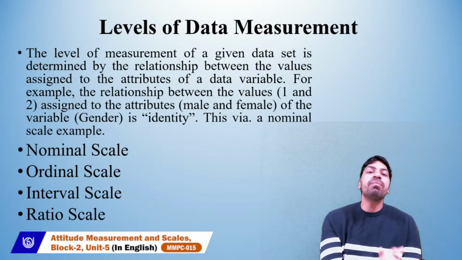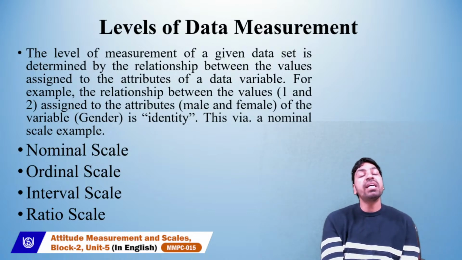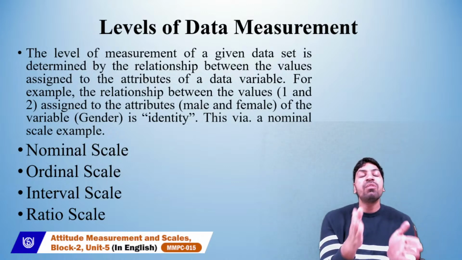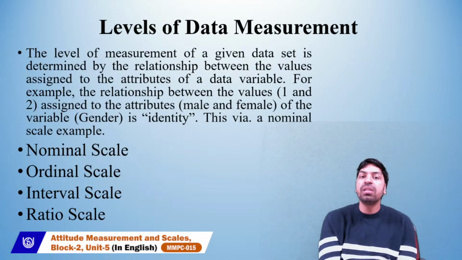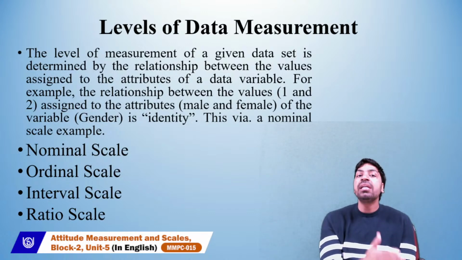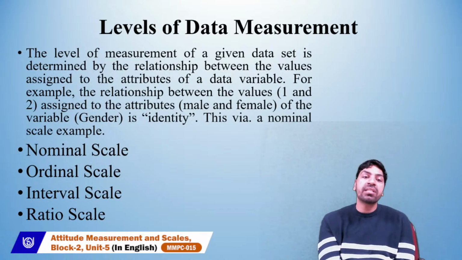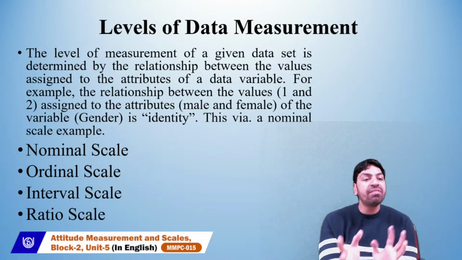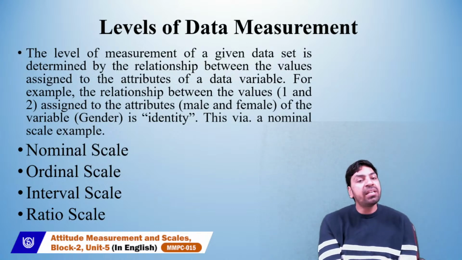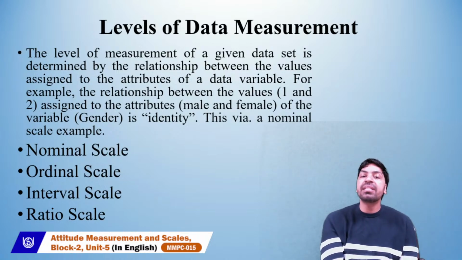So the relationship between the values 1 and 2, if assigned to the attributes, here attributes are the characteristics an individual or a person has. For example, gender, we classify into two categories, male and female. So gender is a main variable, that is identity, and that's called a nominal scale.